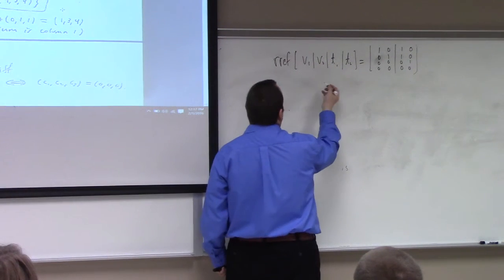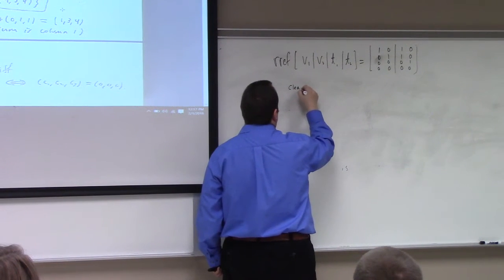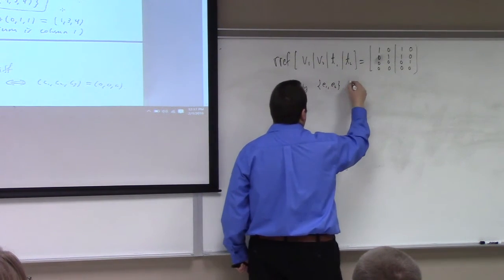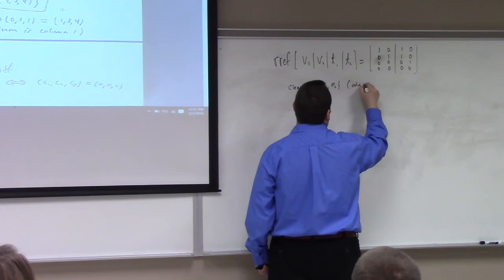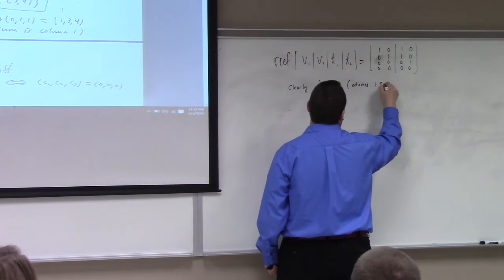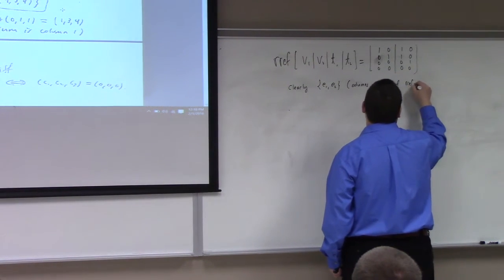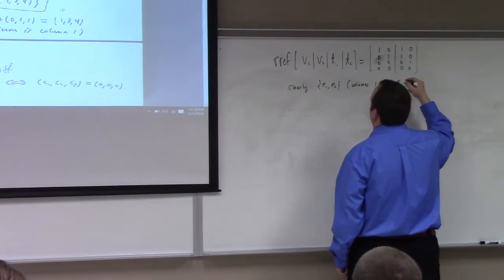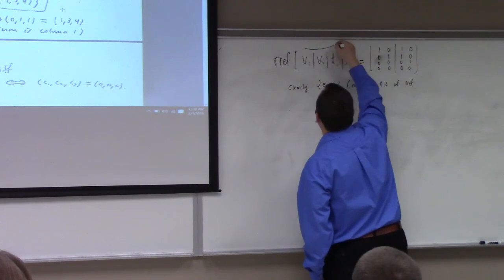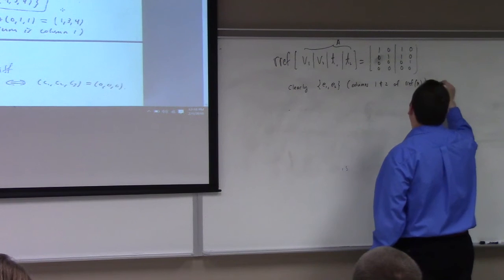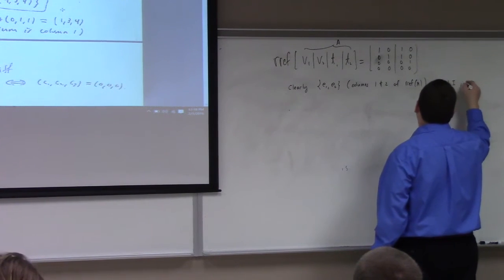Well, clearly, E1 and E2, which are columns 1 and 2 of, let me call this thing, I need to give this a name, I'm tired of writing it, A, are linearly independent.